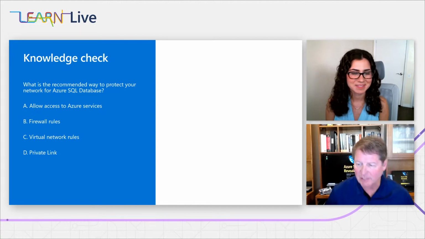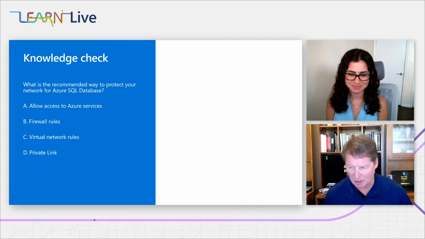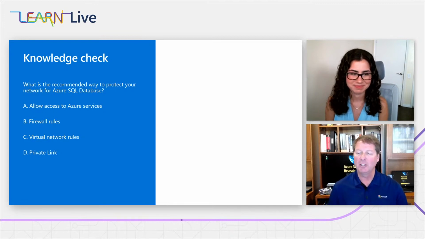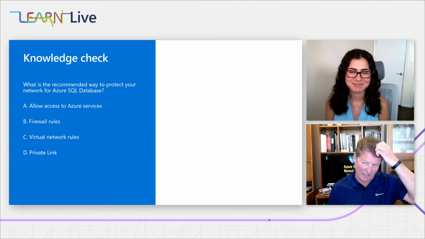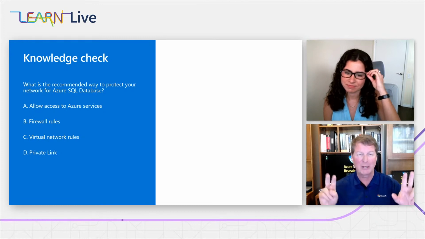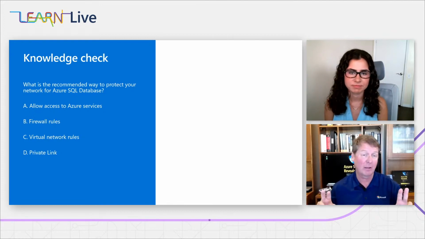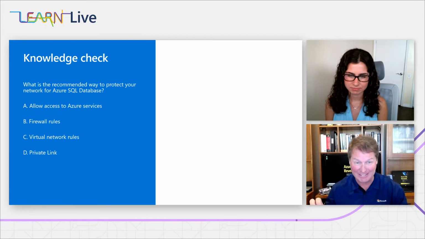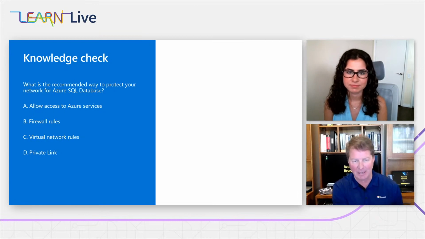Well, let's use our process of elimination again, even though I think we just talked about this, right? And as you know, I kind of like to do multiple choice answers that way. So if I looked at this and we talked about what we just said, allow access to Azure services is not the recommended way to protect your network. We said it's the recommended way to get up and fast really easy, but not to protect. So that can't be the answer.